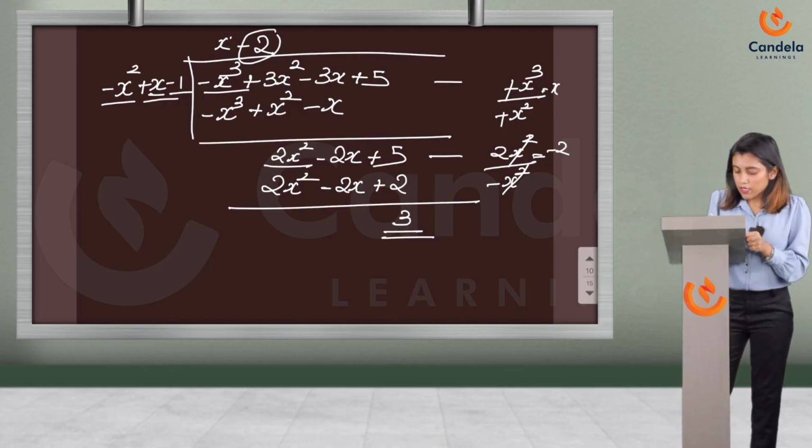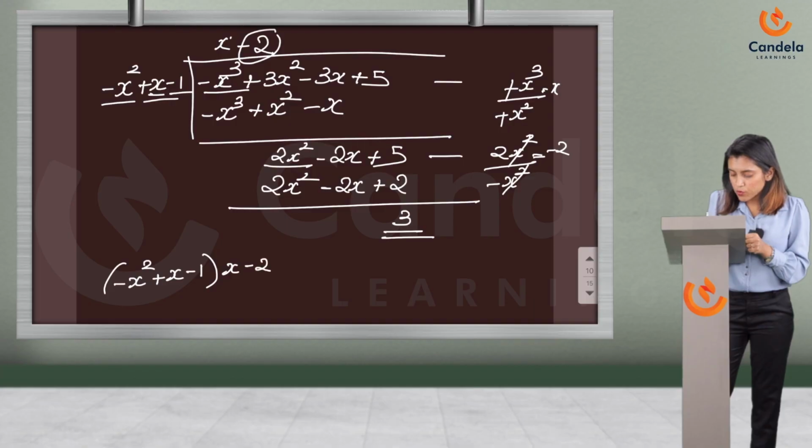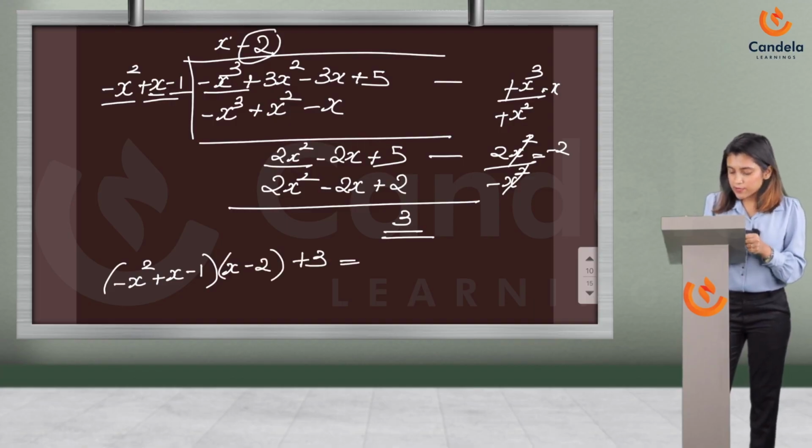For that, the divisor, which is minus x square plus x minus 1, into x minus 2 plus remainder, we should get the dividend. We are checking it. Minus x square into x is minus x cube. Then minus x square into minus 2 is 2x square.